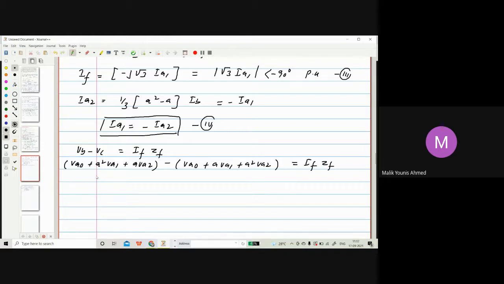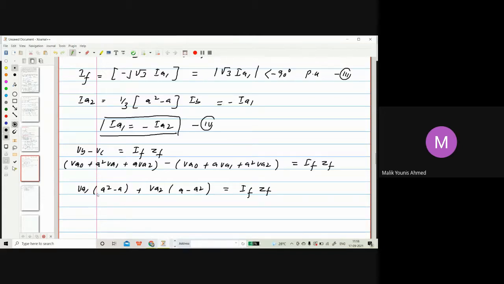Now here we can write VA1, and VA0 gets cancelled. VA1 will be A square minus A, plus VA2 will be A minus A square, and that should be equal to IF into ZF.